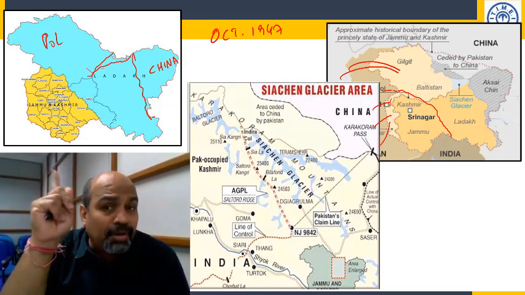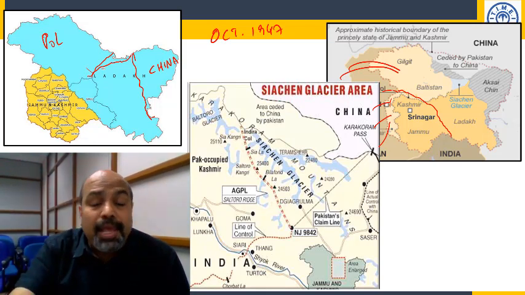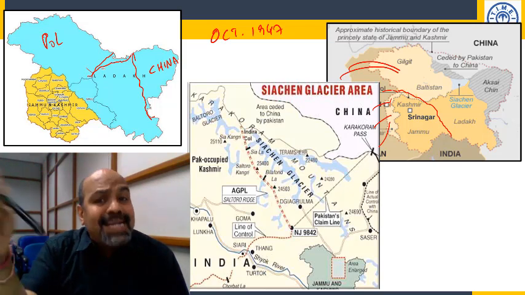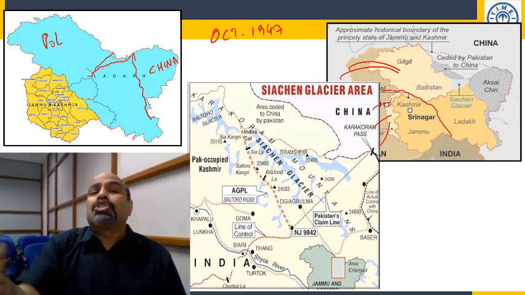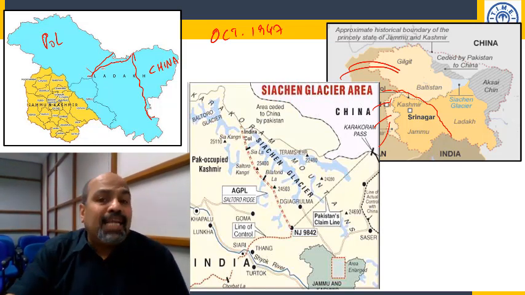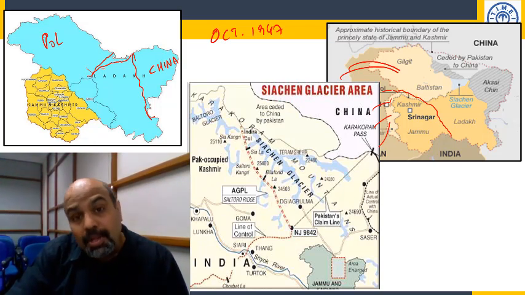But there is one major way out. If you merge your state with India, then it becomes sovereign Indian territory. Consequently, we can send our military forces and take on the Pakistanis.